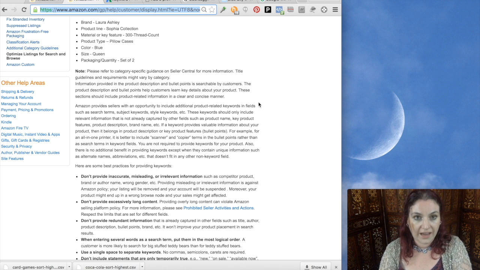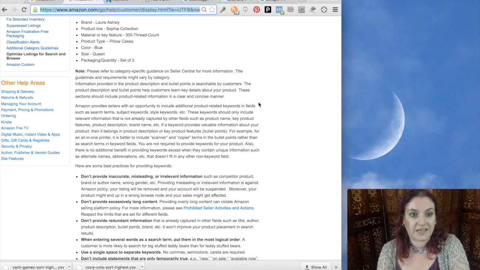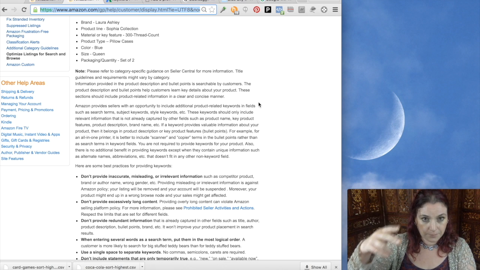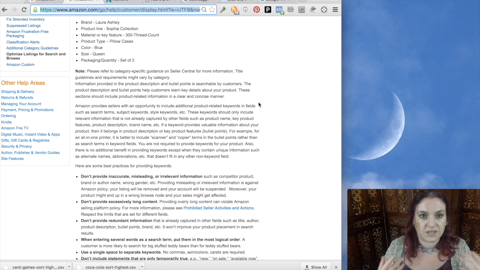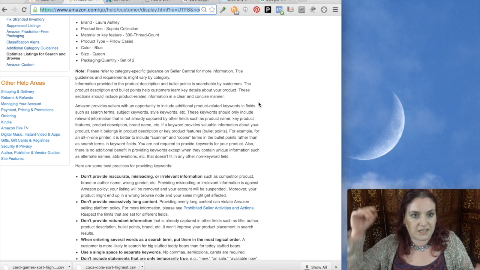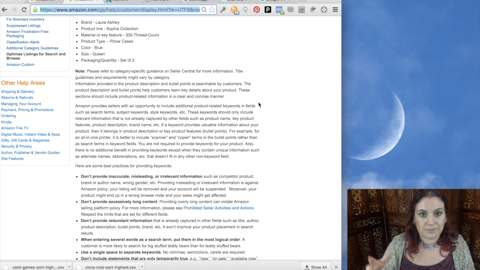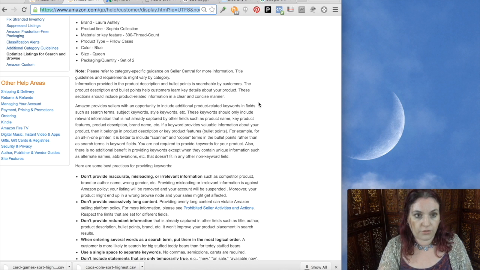So there are 4 areas where you can put keywords and Amazon will index them: title, bullet points, description, and the additional keywords. Which means that if a customer types "yard decoration butterfly," Amazon's search algorithm will look through all of those 4 areas to see if those words come up.